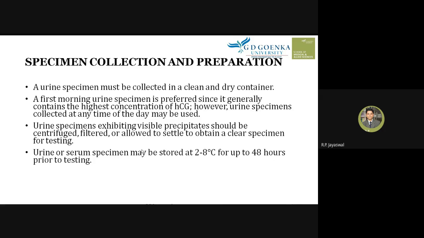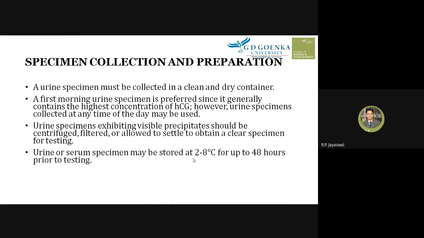Urine or serum specimens may be stored at 2 to 8 degrees Celsius for up to 48 hours prior to testing. Let's say there is a delay in testing. We can store the urine or serum sample at 2 to 8 degrees Celsius for up to 48 hours prior to testing.